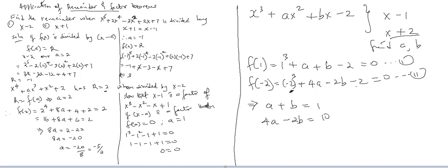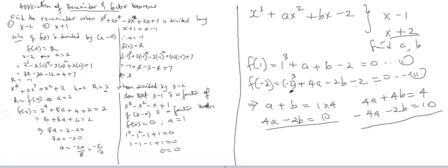So you can multiply by 4 here to get 4a plus 4b is equal to 4, and then we solve by elimination. 4a minus 2b is equal to 10. So if you subtract, you get 0. 4a minus 4a is 0. 4b plus 2b, 6b is equal to 14.